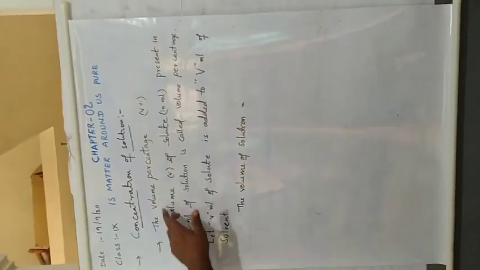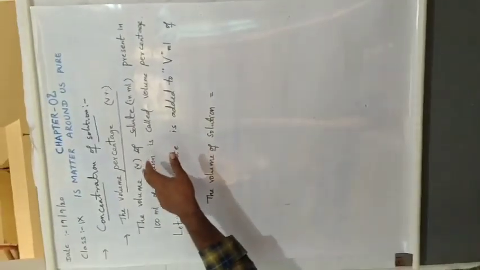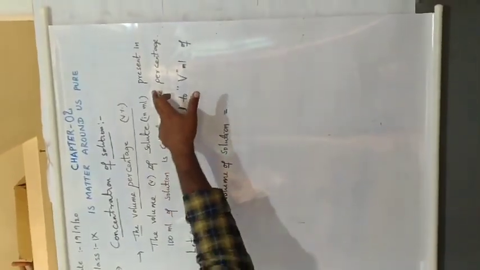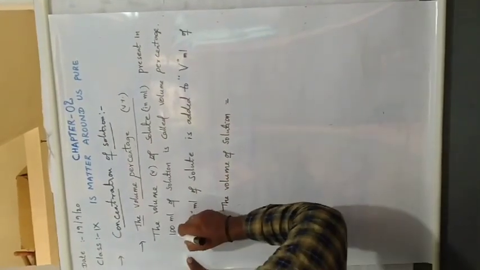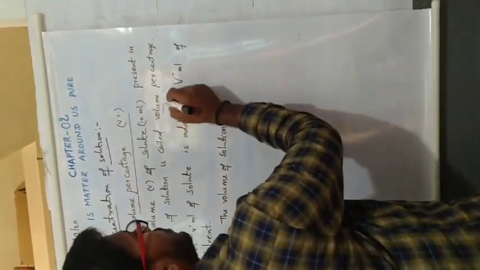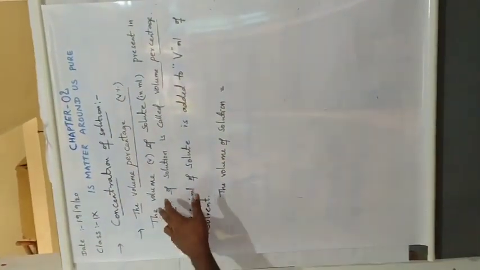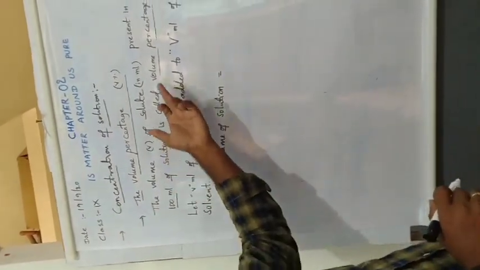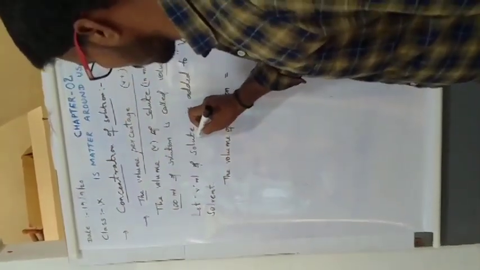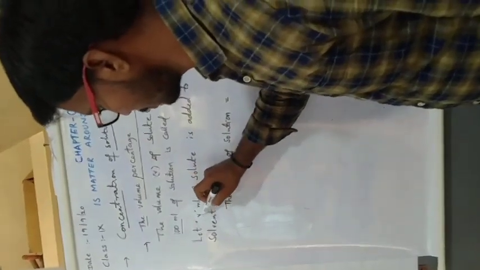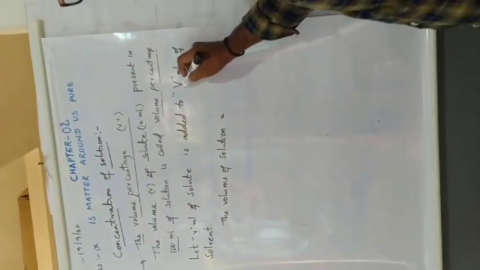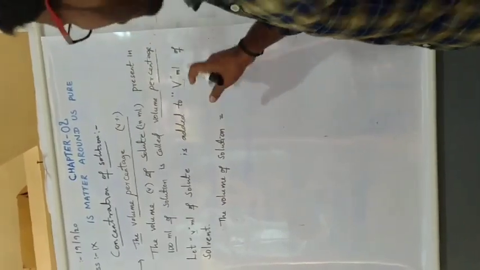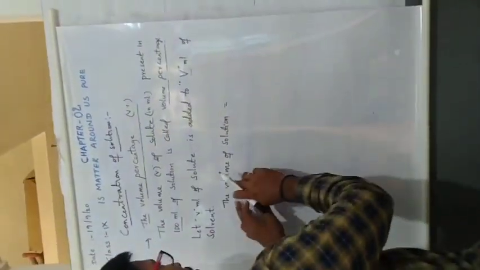Second one, the volume percentage. The volume, small v, of solute in ml present in 100 ml of solution is called volume percentage. So let small v ml of solute be added to capital V ml of solvent.